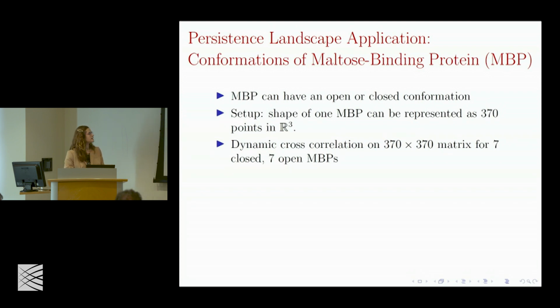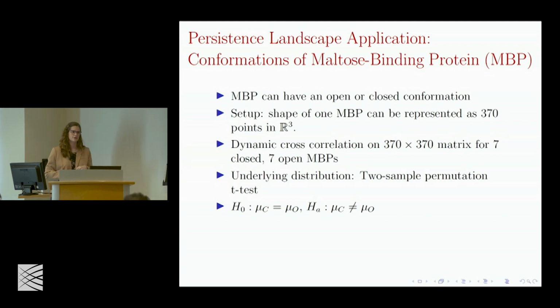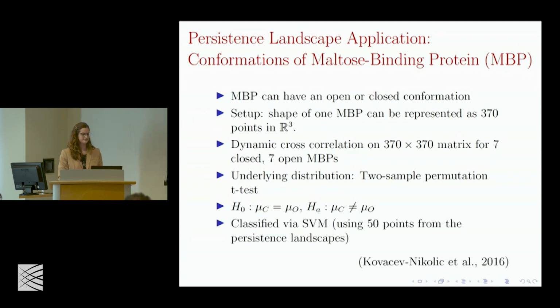Again, they used it for 7 closed and 7 open conformations of proteins. They weren't able to do it for many more because that data is very expensive, so they had to use a 2-sample permutation t-test rather than just assuming a Gaussian distribution. Their null hypothesis was that the mean persistence landscape for the closed protein conformations is the same as that of the open conformations, and the alternative hypothesis was that it was not equal.